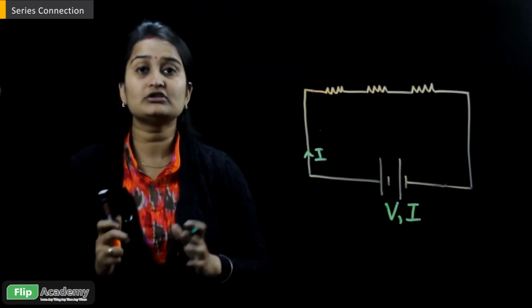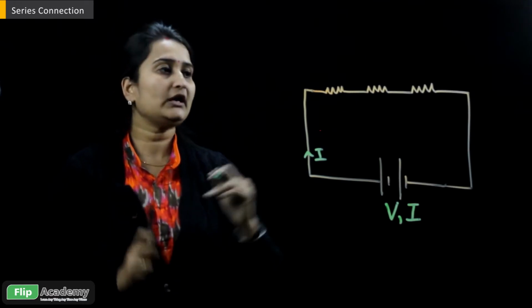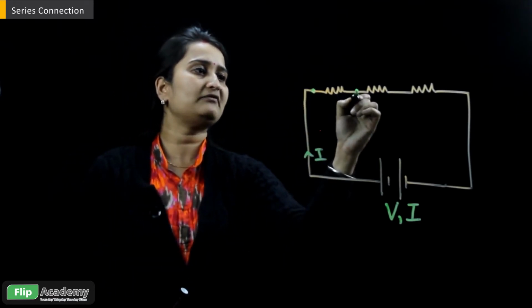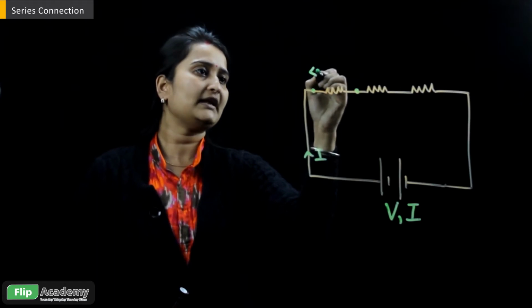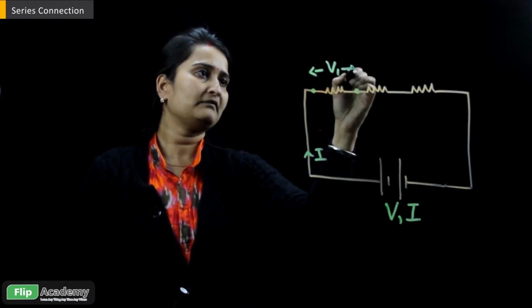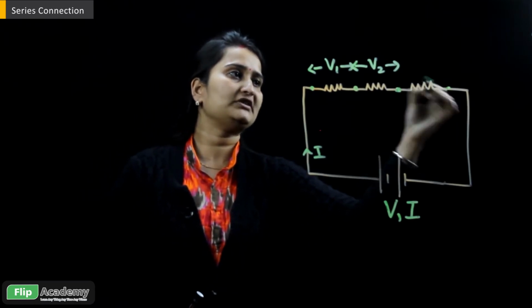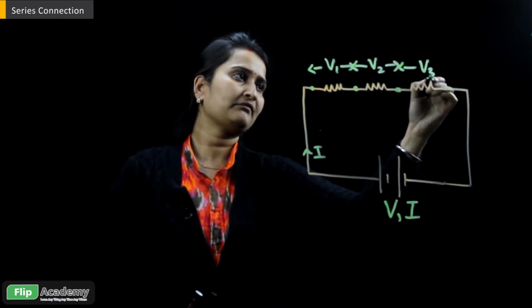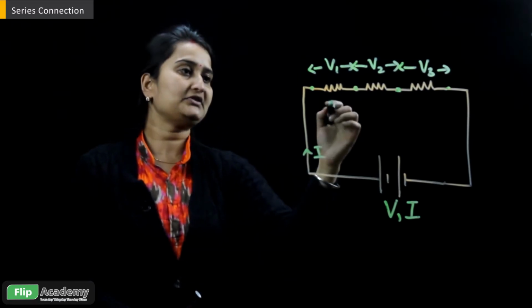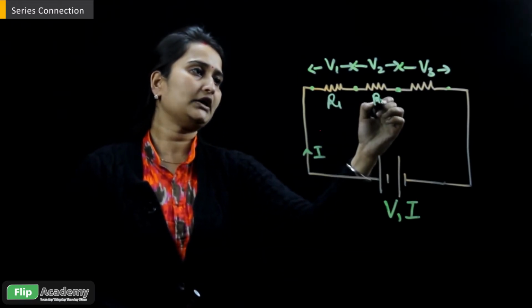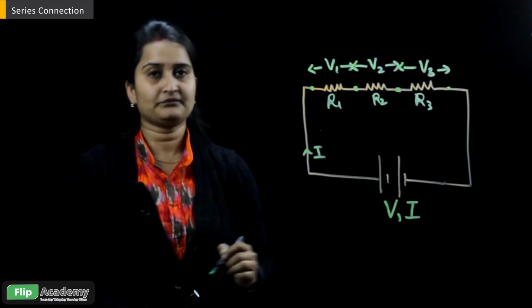What is going to change? The potential difference. If we need to calculate the potential difference between these 2 points, then suppose it is V1. Now, if we need to find out the potential difference across these 2 points, then it is V3. The resistances are R1, R2 and R3.